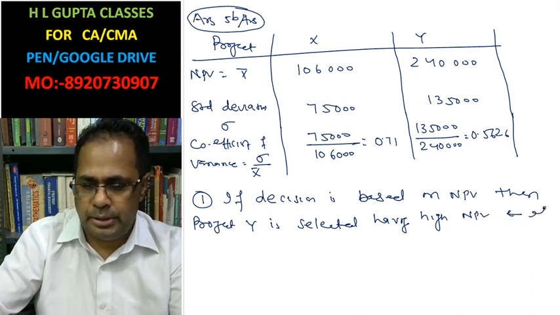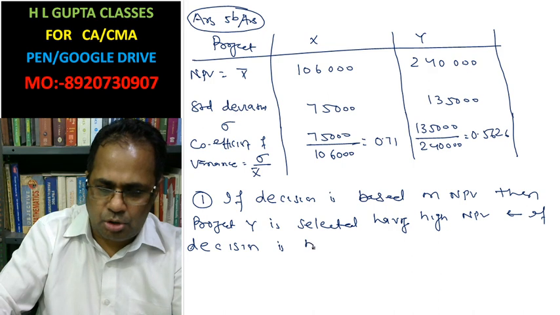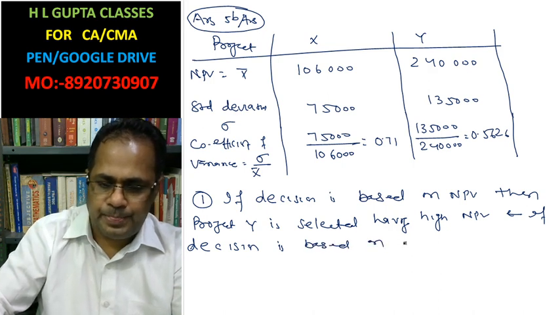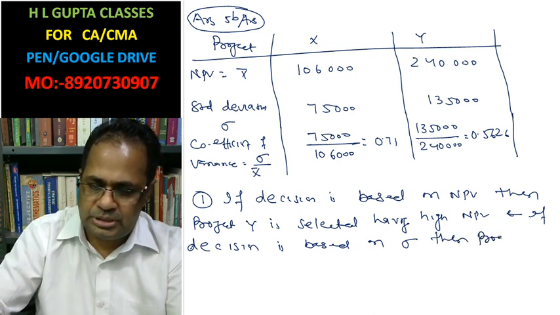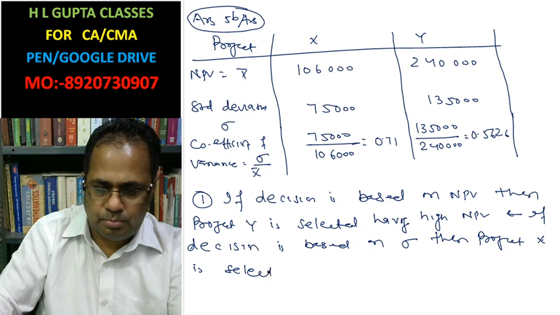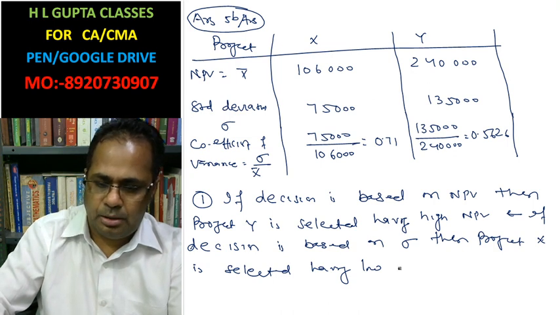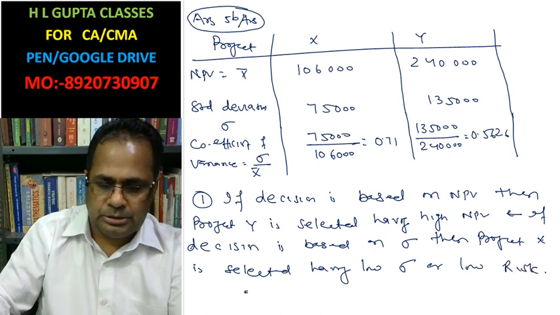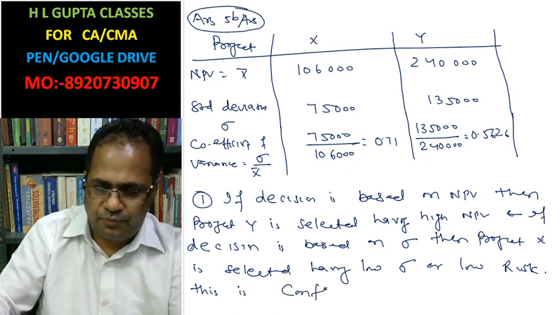And if the decision is based on standard deviation, then project X is selected, having low standard deviation or low risk. This is a conflict of ranking.